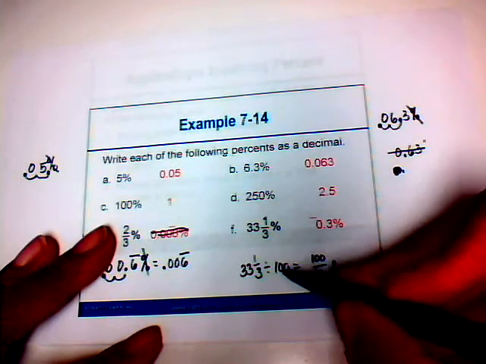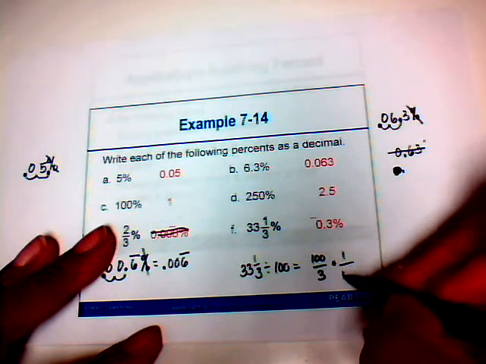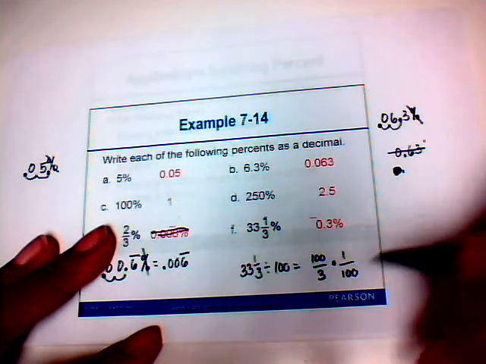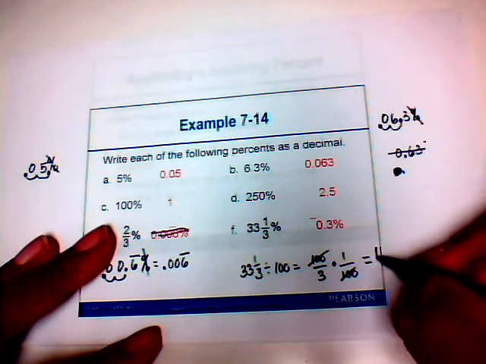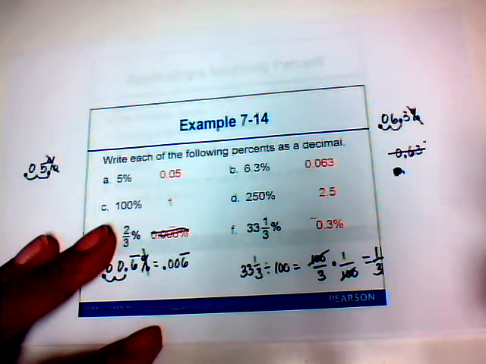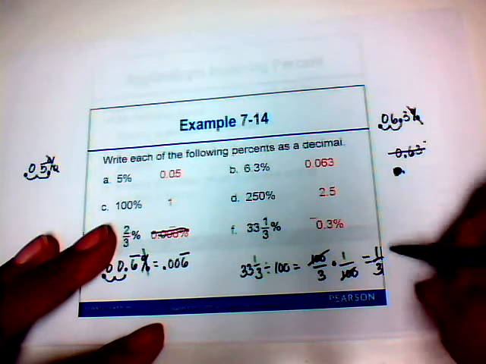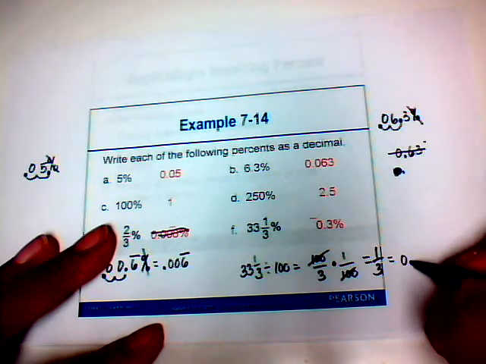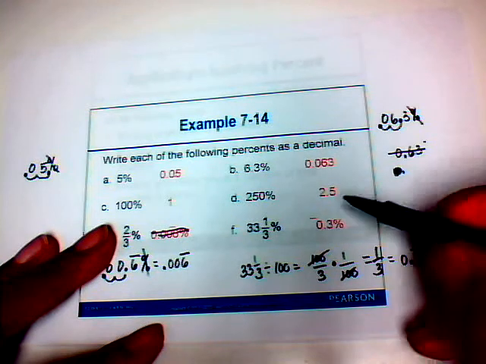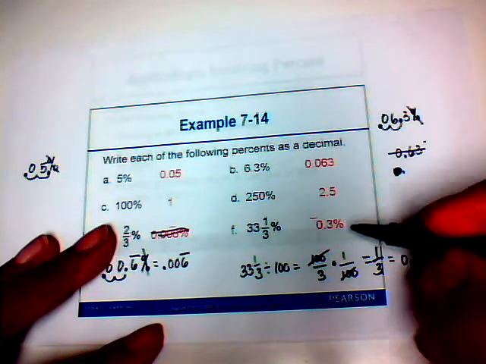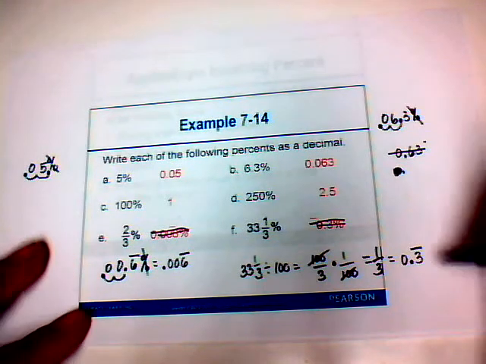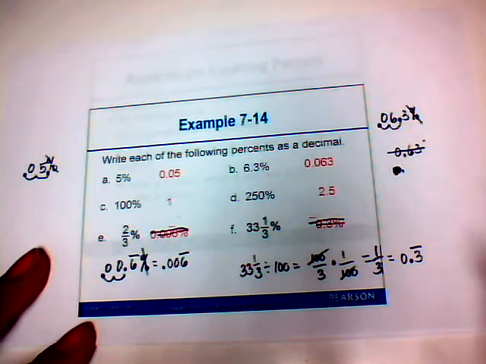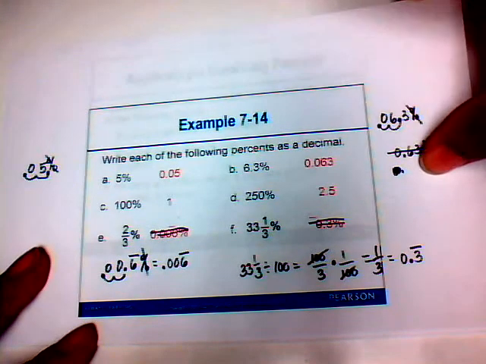Then I'm going to multiply by the reciprocal of 100, which is 1 over 100. And this is going to be quite easy because these 100s will divide out. I'm left with just simply 1/3. But 1/3, if I convert that to a decimal, will be 0.3 with a bar on top. And this one on here is incorrect. So it'll be 0.3 with a bar on top as your decimal.